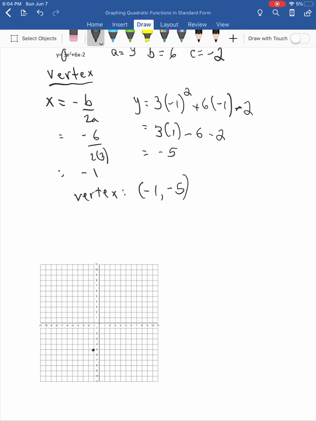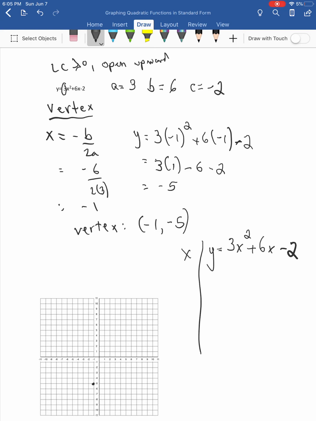We know the vertex is at negative 1. I'm going to get 2 points to the right of that. Let's make a table. Let's do 0 and positive 1. Zero works out very nicely. We can forget this and this.